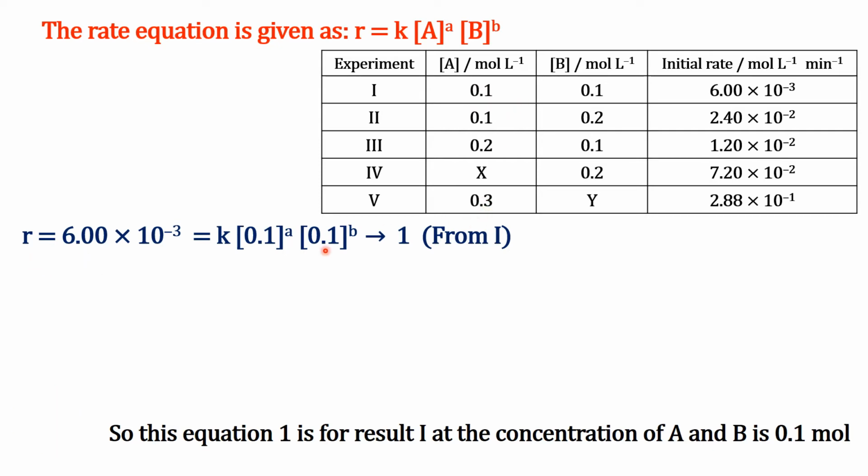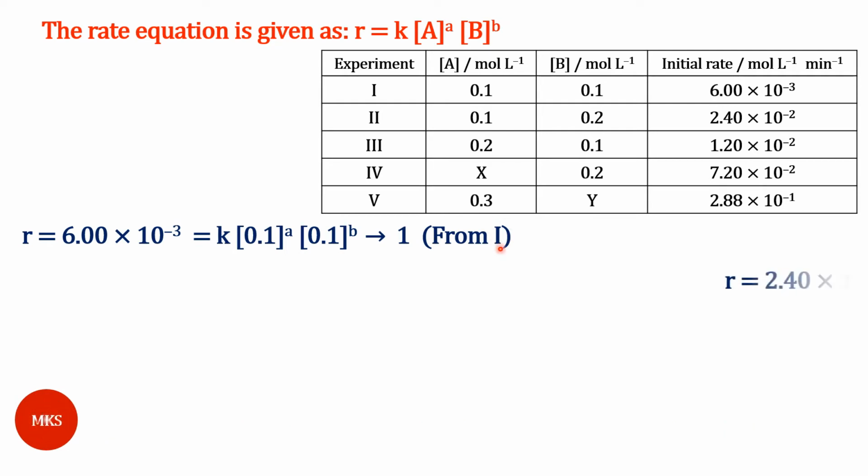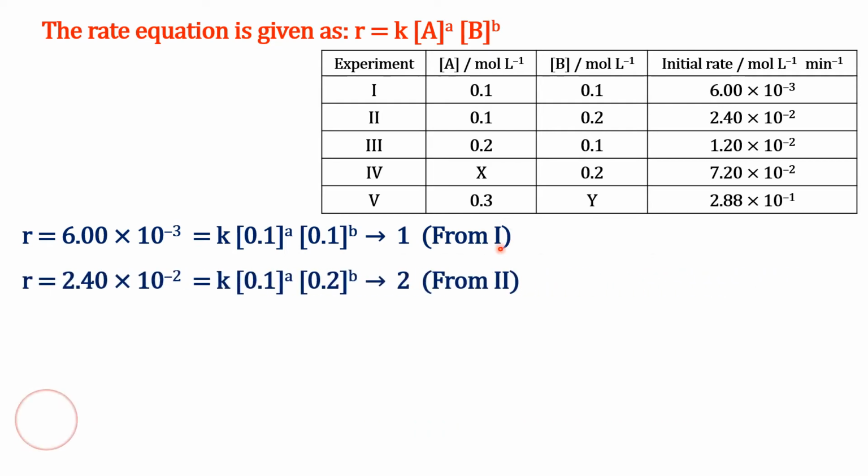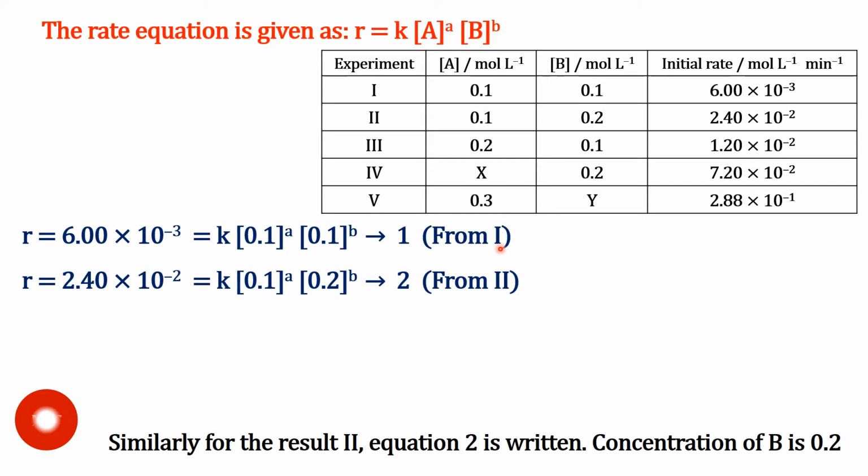This equation is based on experiment number 1. Similarly, for the result of experiment 2, equation 2 is written. Here the concentration of B is 0.2, whereas the concentration of A is 0.1.